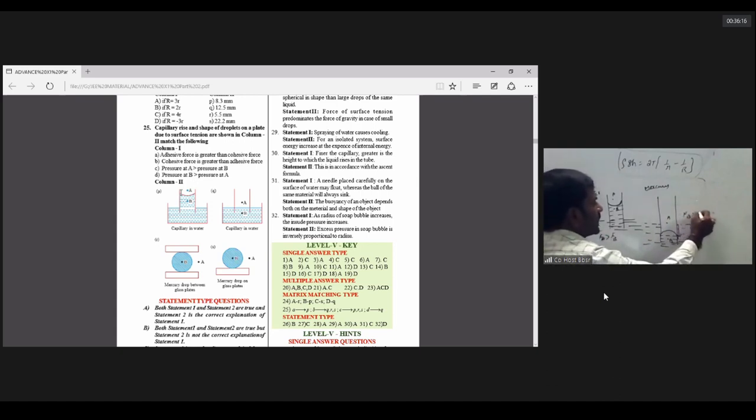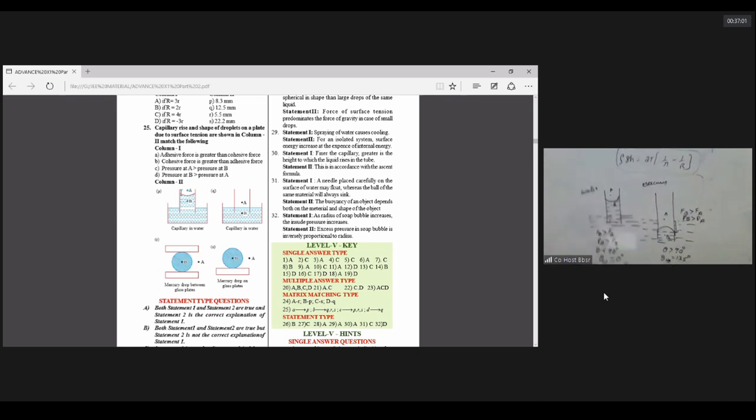Here FB greater than FA. Here pressure at A is greater than pressure at B. Here pressure at B greater than pressure at A. According to that, you follow the procedure. This is for mercury, because here the angle of contact will be greater than 90 degrees, almost 135 for mercury. For water, theta less than 90 degrees, almost 0 degrees. Actually, it is not flat, it comes like this. If it is completely flat, then FA equal to FB, not like this one.